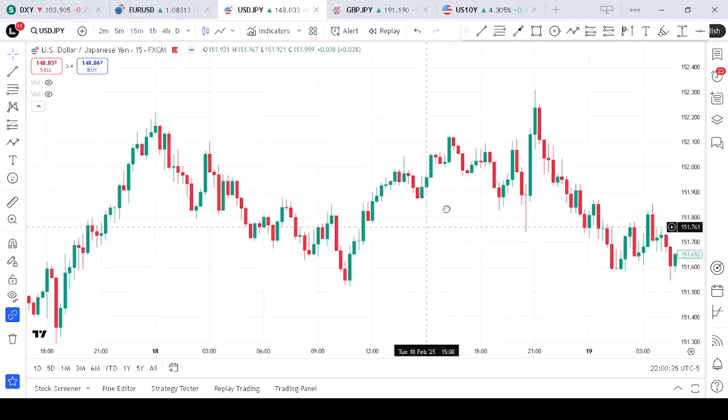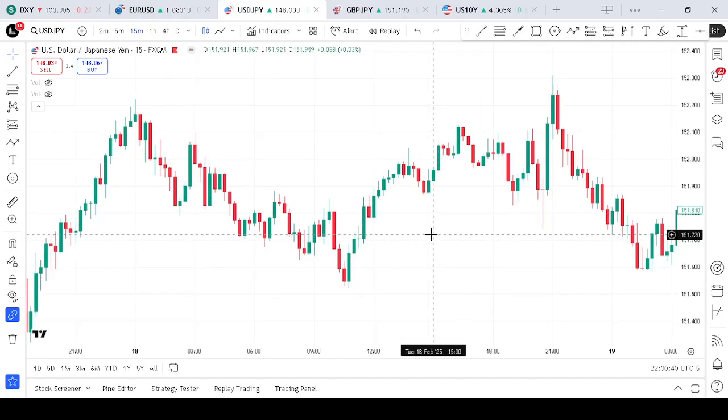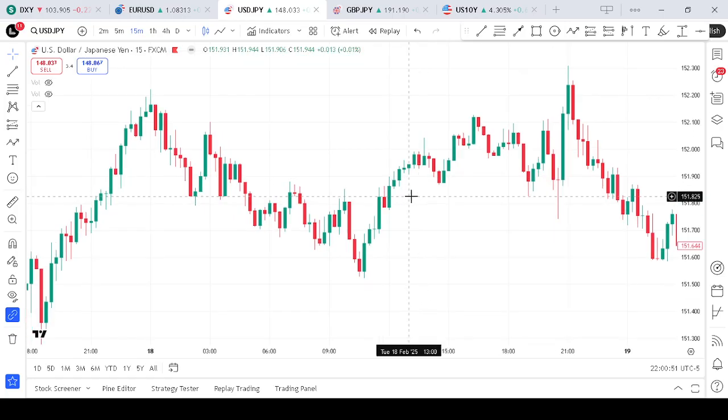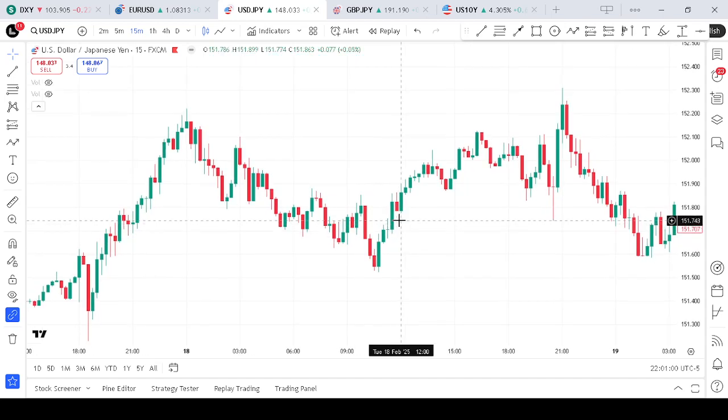The first step is your entry point. The ideal entry point is typically after price completes the hook shape and begins to move upward again. Look for confirmation such as a strong bullish candle before entering your trade, because this helps to ensure that the reversal signal is a genuine signal.